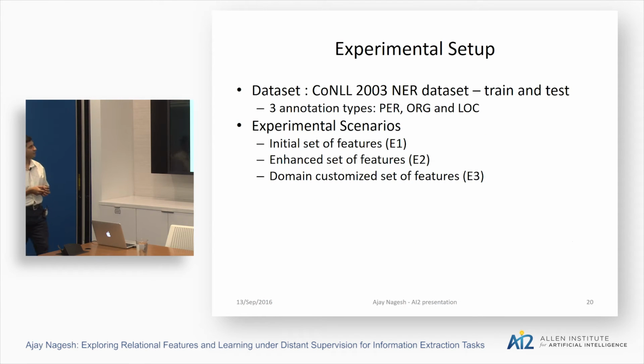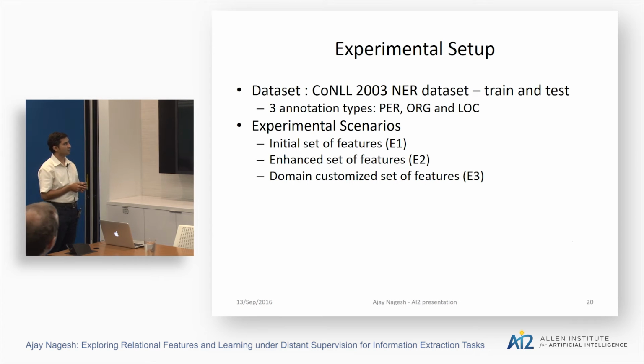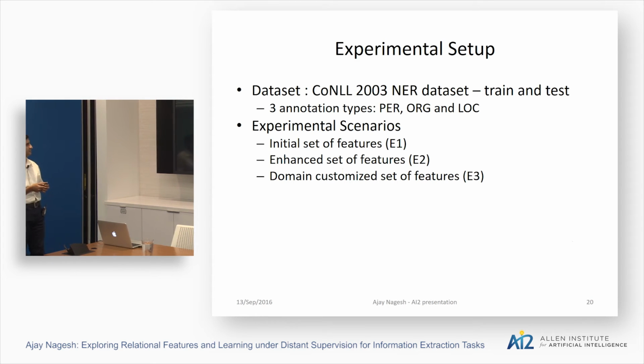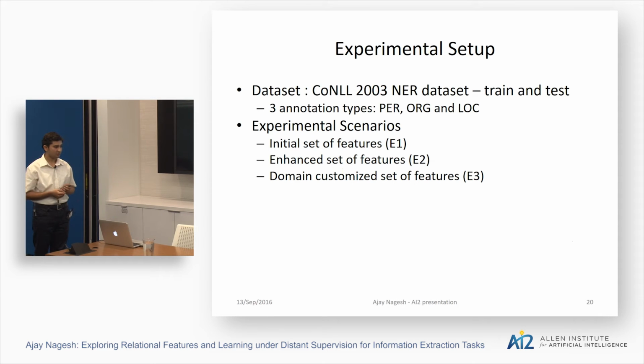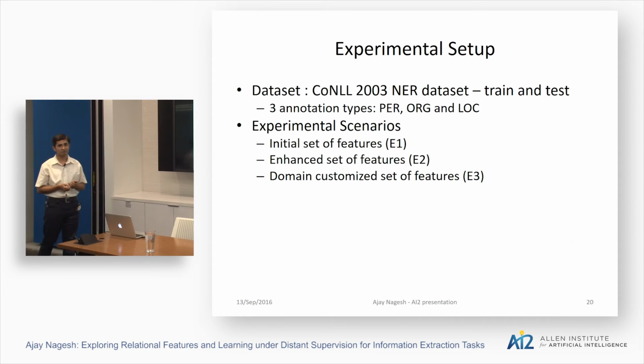So, moving on to the experimental setup, we ran it on the standard CoNLL dataset train and test, and there were 3 experimental scenarios. The first one was a baseline: we used a very small set of basic features to see how the system performs in comparison with manual rules.